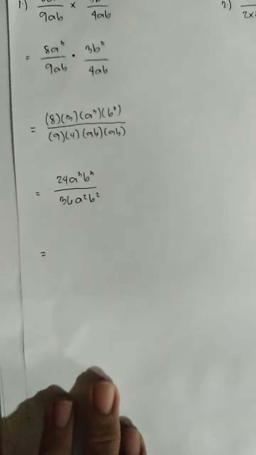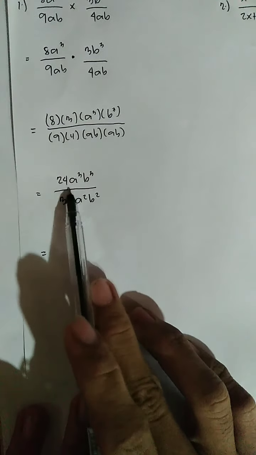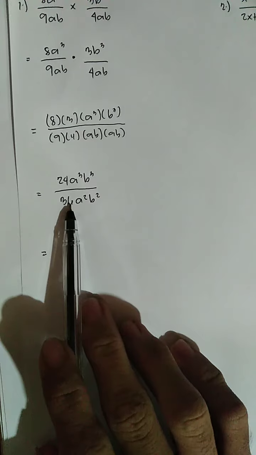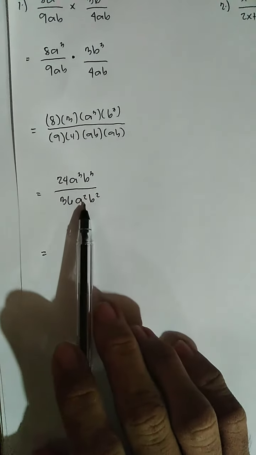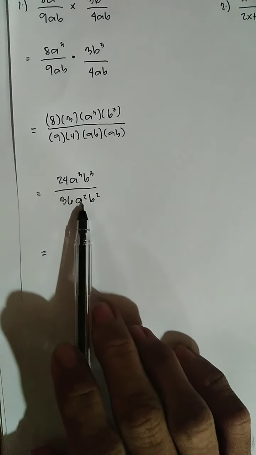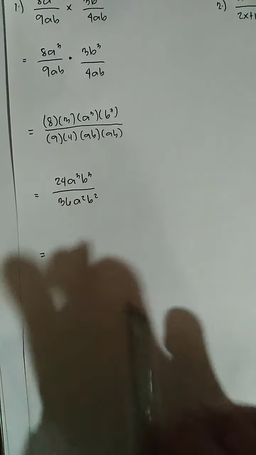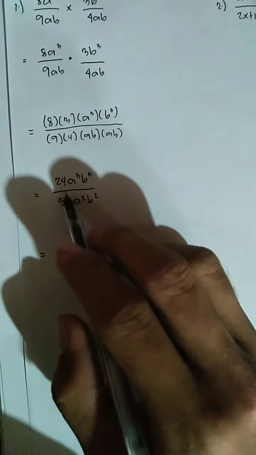So now let us have this one. We can observe that 24 and 36 can be reduced to lowest terms, and a cubed b cubed can be reduced also, because we have a squared b squared in the denominator. Then we can express the final product as the common between 24 and 36.